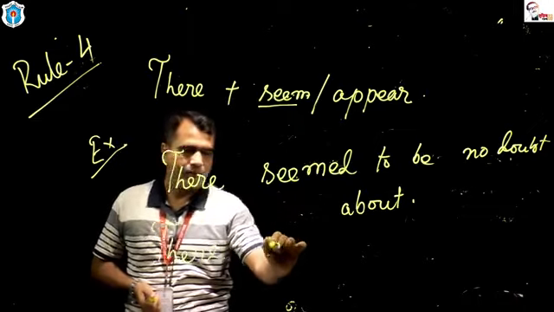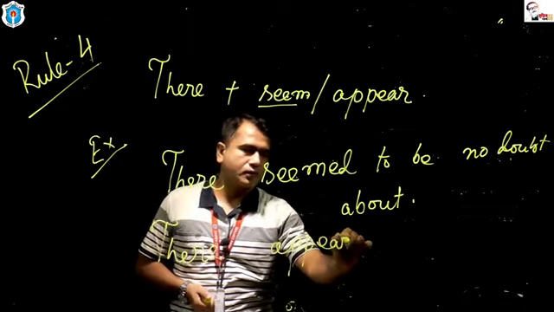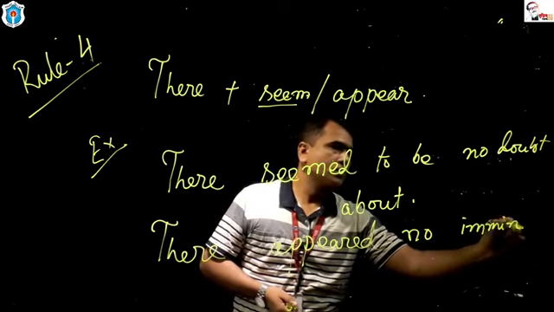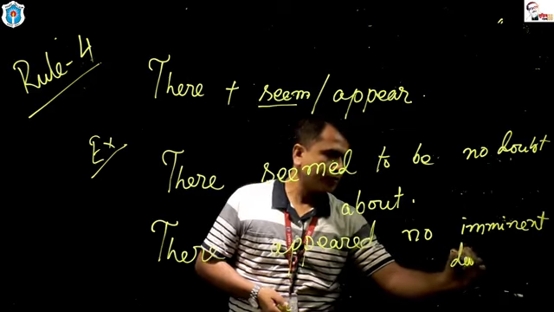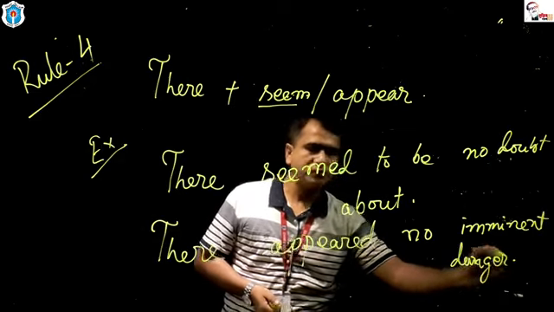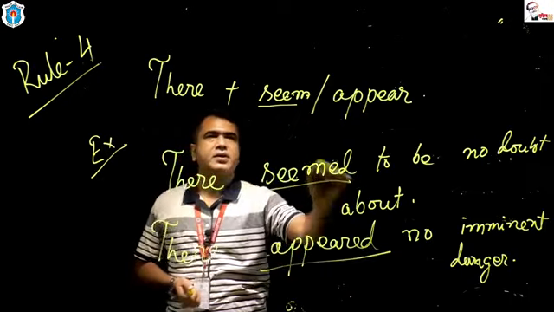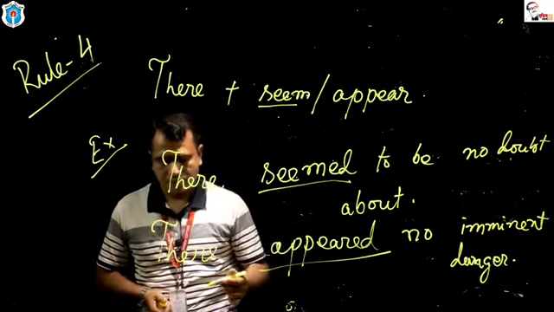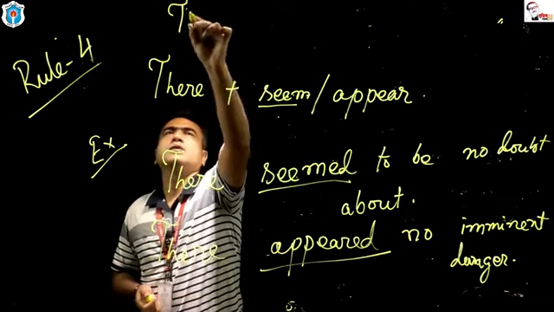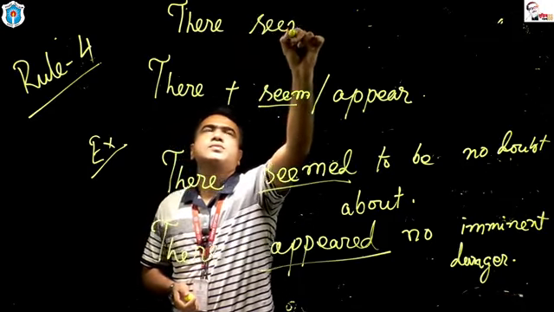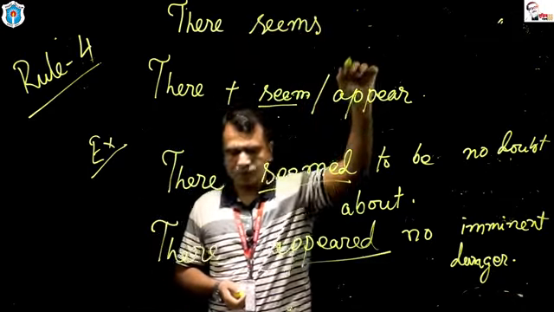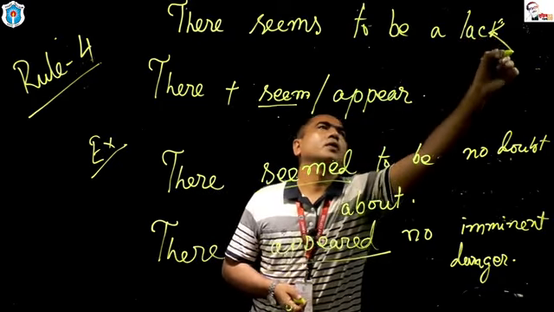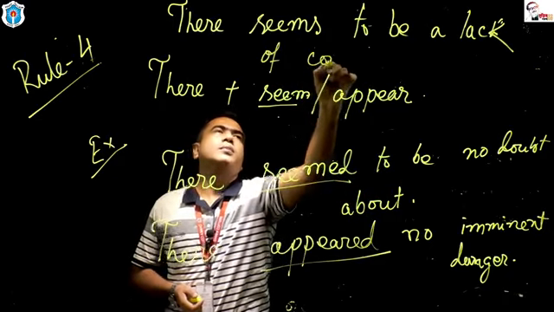There appeared no imminent danger. So we can use seem and appear in both past form and present form. There seems to be a lack of communication.